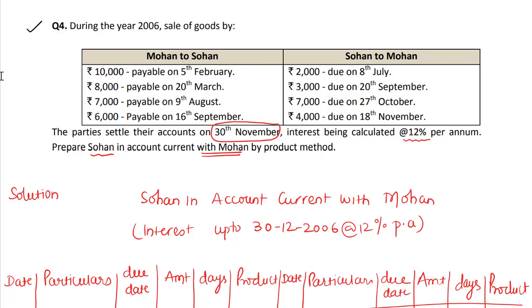Payable, that means this is sales transactions. So all are payable, so all are sales transactions. The entry would be Sohan account debited to sales account, and over here it is due. Sohan to Mohan, it is due. So it is purchases. So purchases account debit to Sohan account. The entry would be like this.